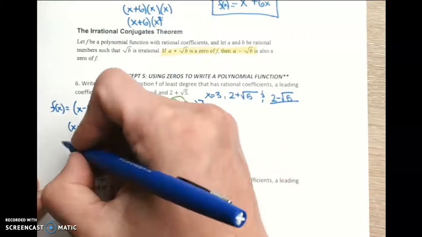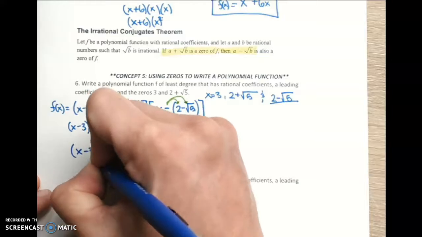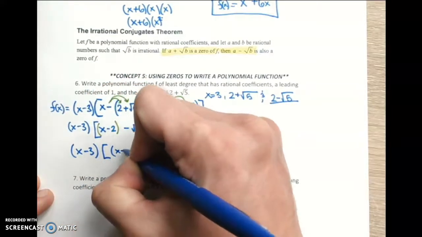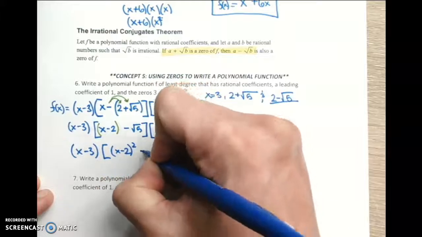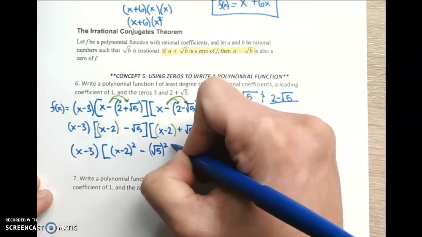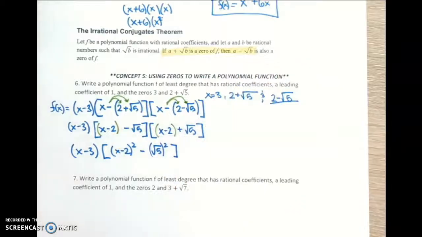So I'm going to set this up again. x minus 3, and now I have x minus 2 squared minus square root of 5 squared. Since I had those, when I multiply, my middle term cancels out, so I'm just left with the first term squared minus the second term squared, and it's always minus. Positive times negative. Okay, so I'm using a shortcut there.